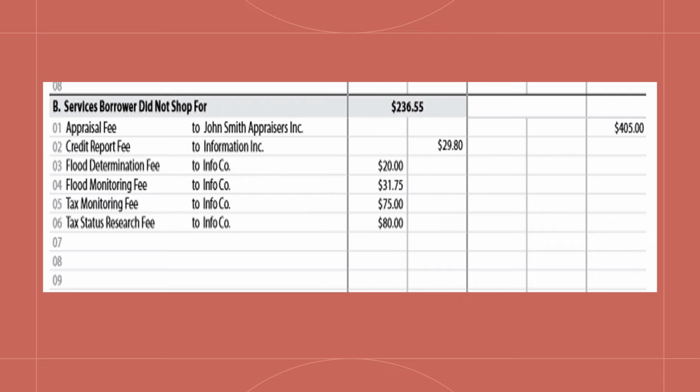The $29.80 was a fee that the lender actually charged the borrower before they ever pulled the credit report. So it's not a fee that's actually due at the time of closing, but it's still a fee that is required to be disclosed on the closing documents. Those would be things like the cost of the appraisal. The buyer does not get to choose the actual appraiser, but they will be charged the fee for the appraisal.